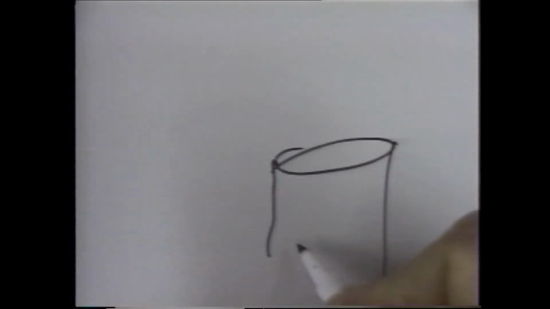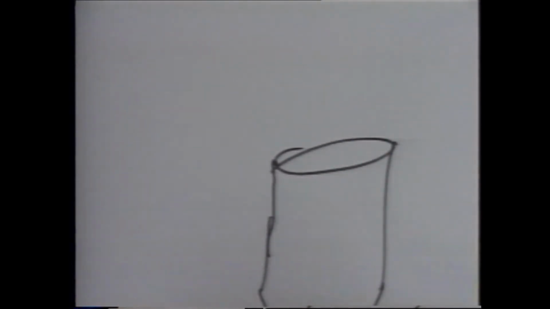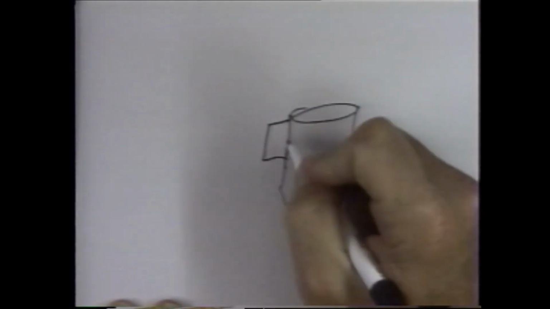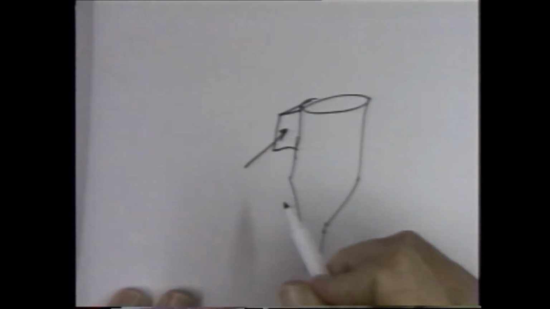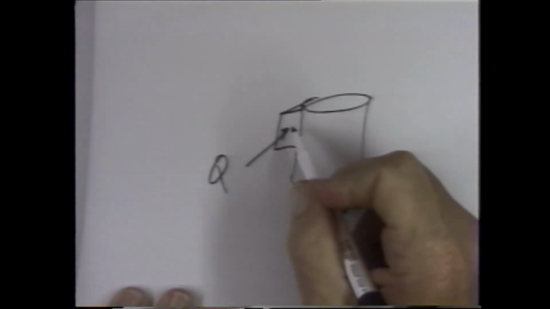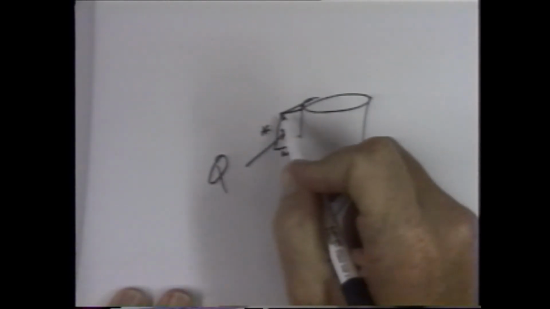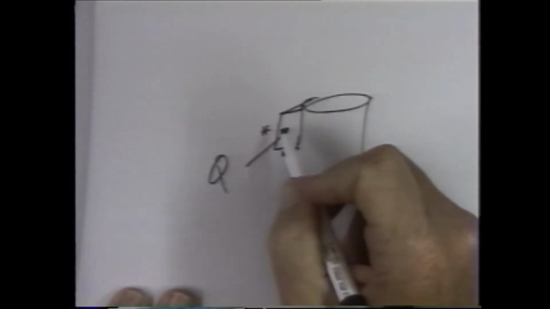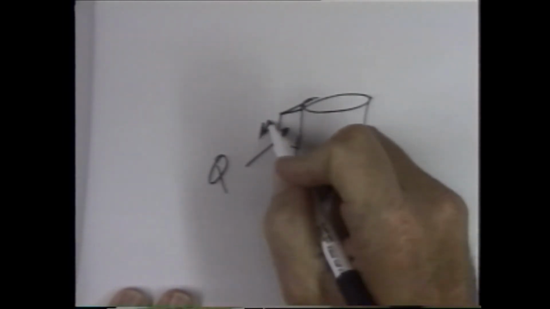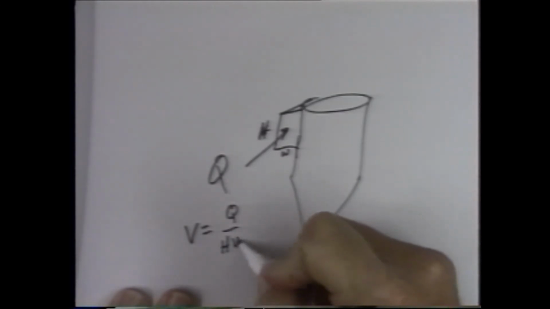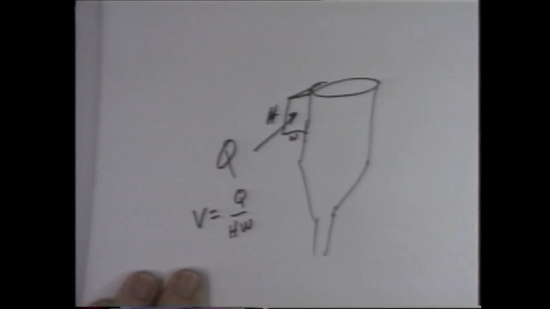So that's the velocity. So remember your cyclone diagram. When all that volumetric flow rate is going through there, there is the height and the width, and that gives you an inlet area, and Q divided by that inlet area is going to be the velocity going into the cyclone.